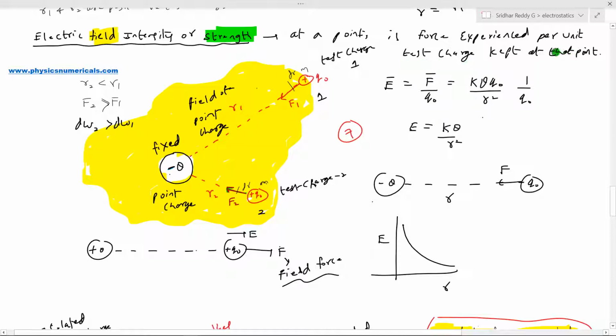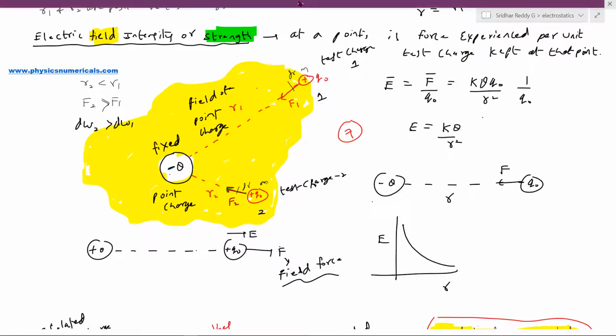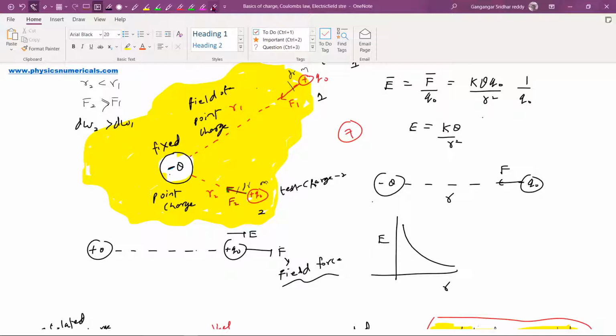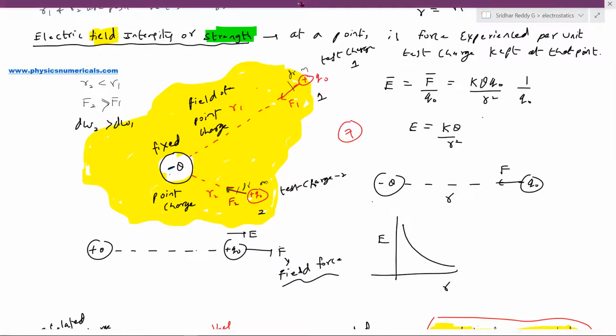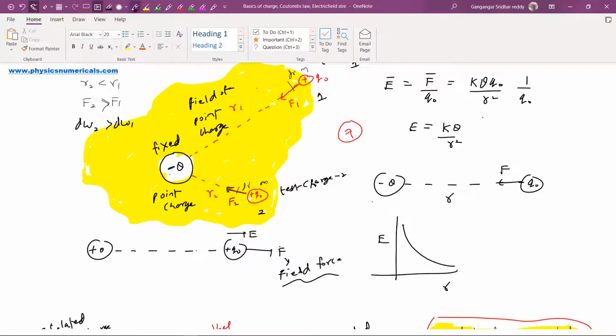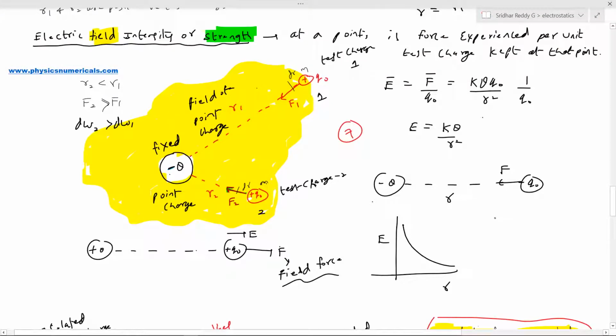We do have two things: one is a point charge, the other is a test charge. So what is basically a test charge? Let me differentiate.